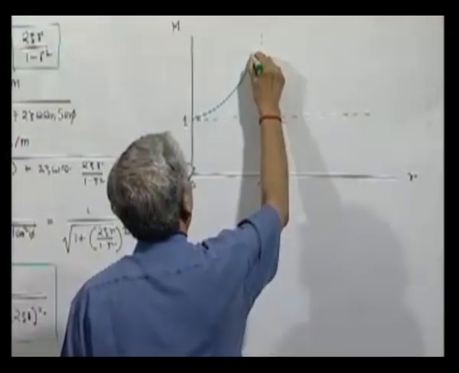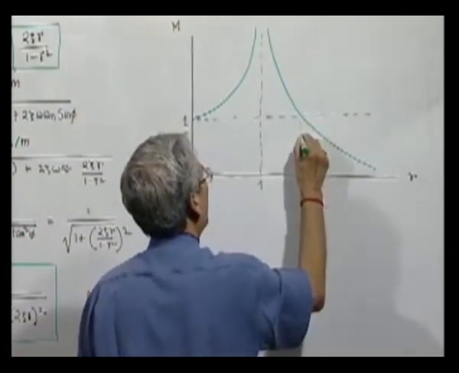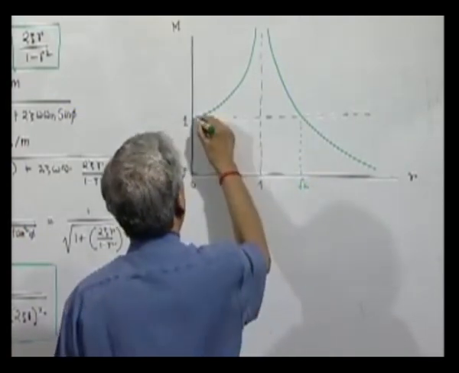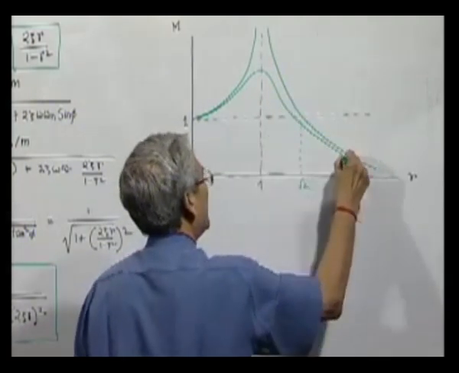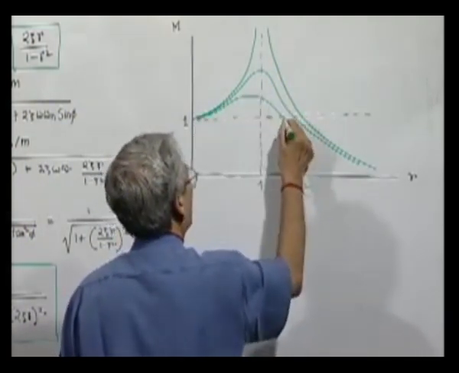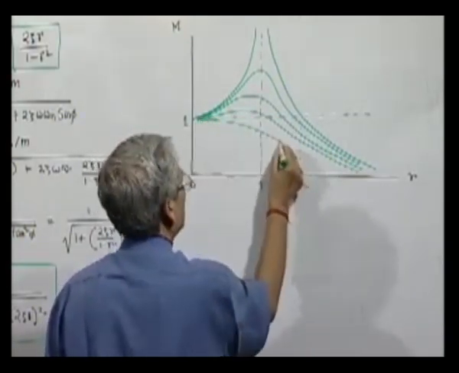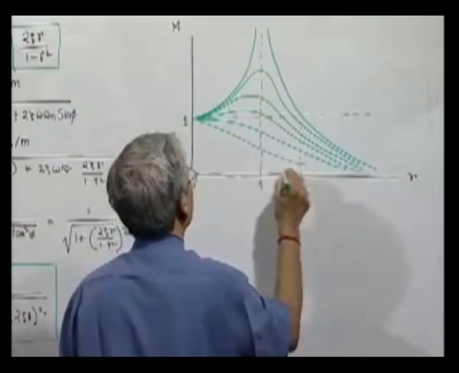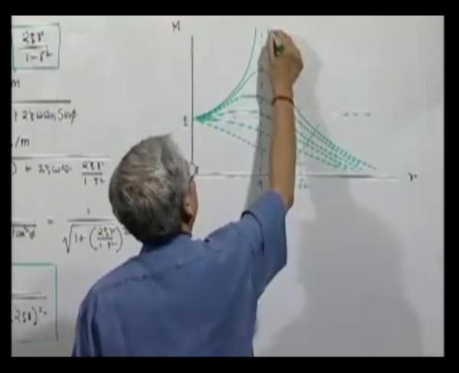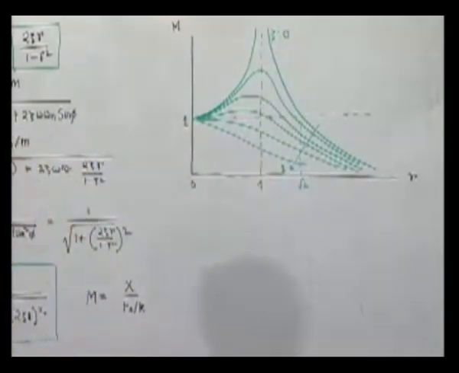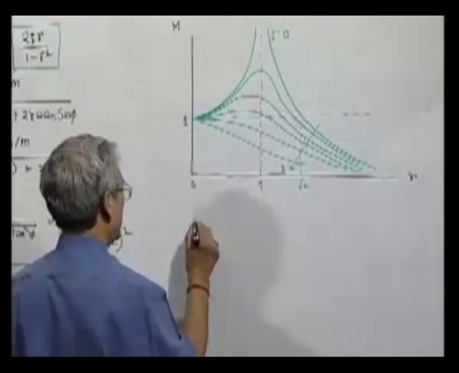Now, of course, you have a parameter like zeta. For different values of zeta, we will get different responses. So zeta is increasing in this, and this is zeta equal to 0. Similarly, that is so far as the magnification factor.